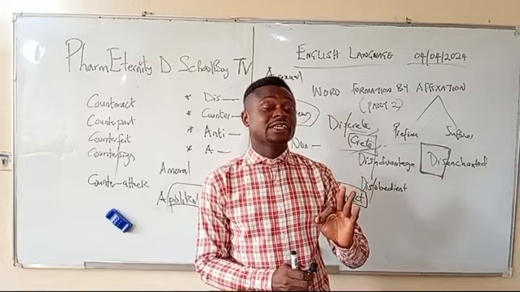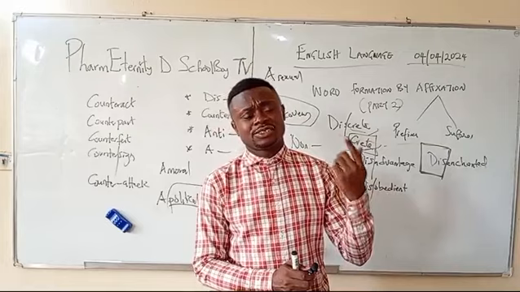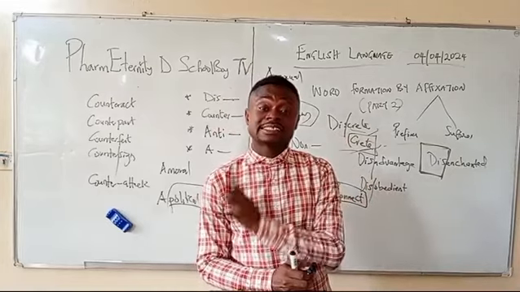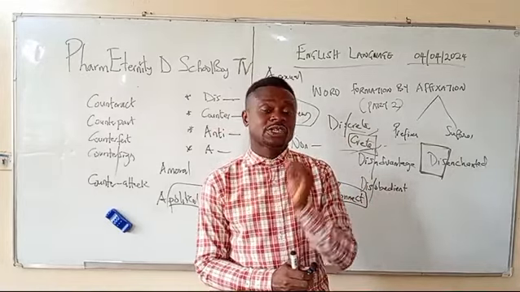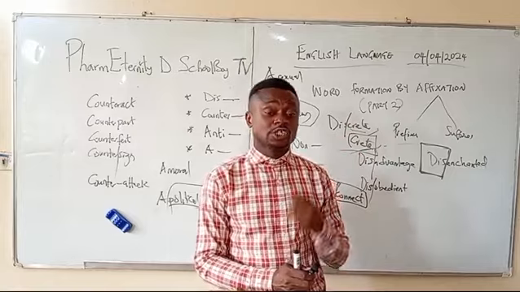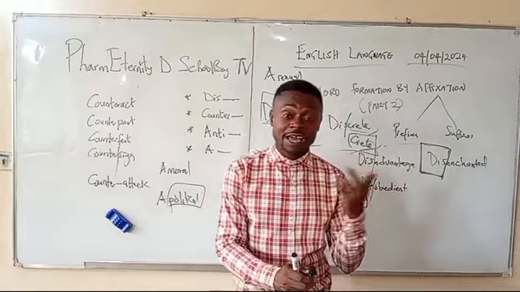Sexual itself is an adjective. So asexual is referring to without sex. Asexual reproduction, reproduction without sex. So asexual is without what? Sex. Remember I said that a can also mean without.